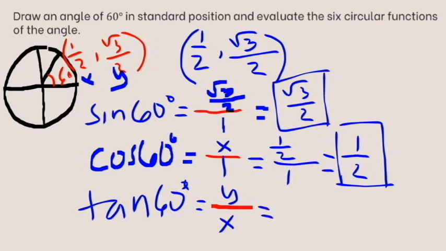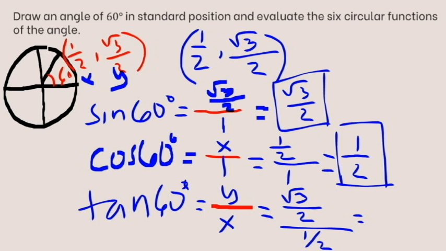So our y is square root of 3 over 2 over 1/2. So to simplify this, it is the reciprocal. If we divide the fraction, we reciprocate the divisor or the denominator and change the division into multiplication.